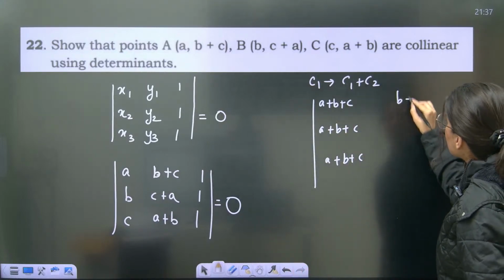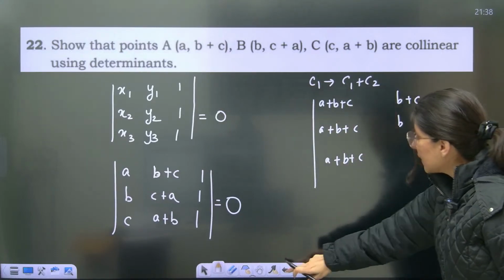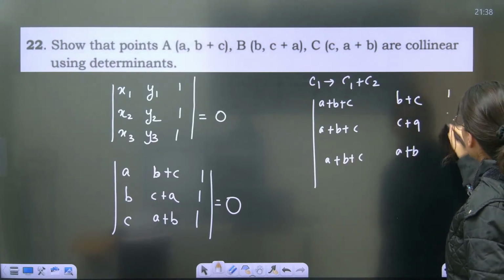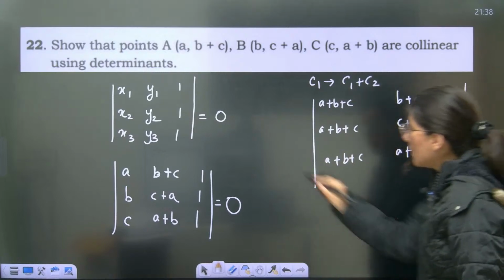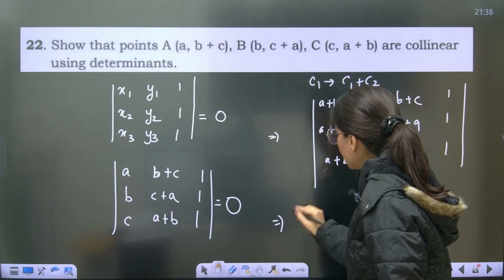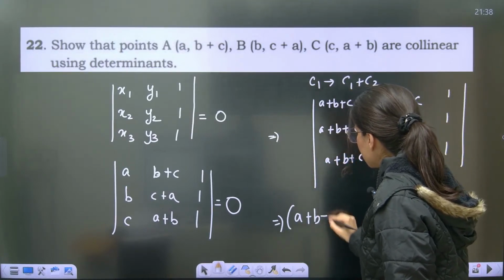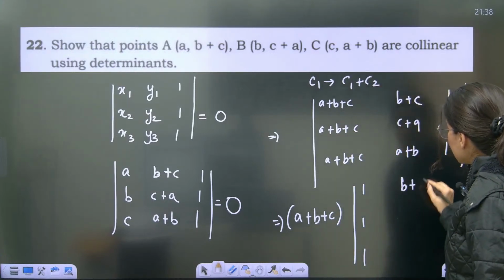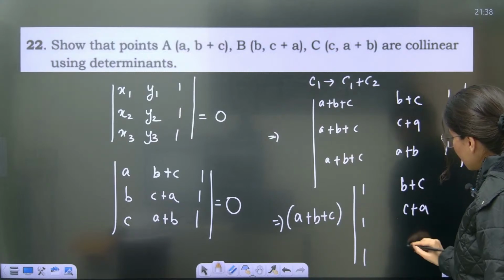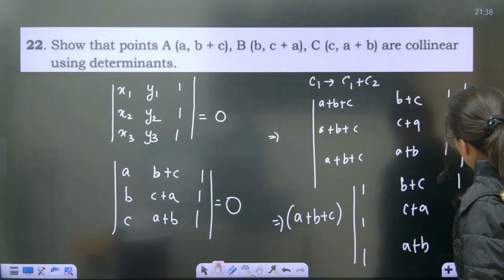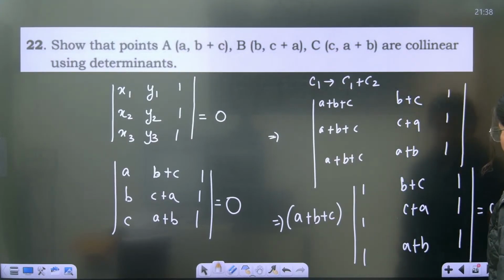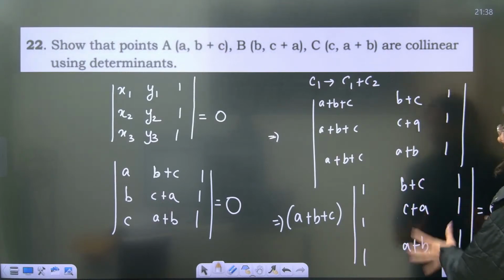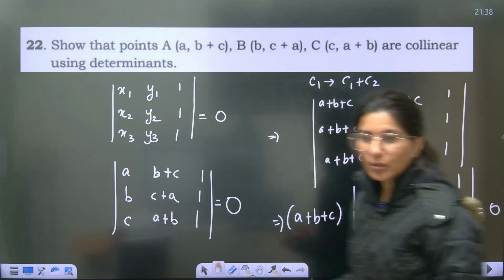The other columns are B plus C, C plus A plus B, 1, 1, 1. Now from column number 1, you can take this A plus B plus C out. You are going to have 1, 1, 1, B plus C, C plus A plus B, 1, 1, 1, equals to 0. Clearly, column 1 and column 3 are identical. Hence, this determinant becomes 0, that you have to write.